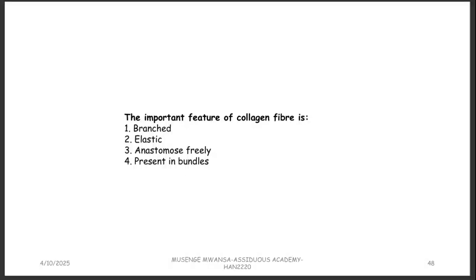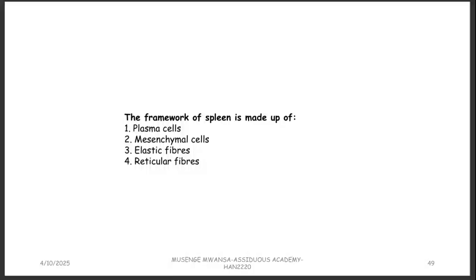The important feature of collagen fiber is branched, elastic, anastomose freely, present in bundles. Which one can you pick? So it's present in bundles, right?